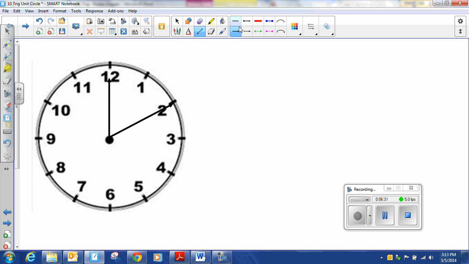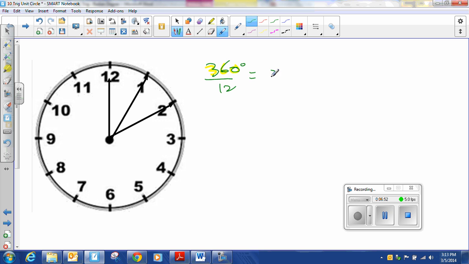And now you can also see that there are 12 of these sections. So let me just section this off again. There are 12 of these sections in a clock. And we know there's 360 degrees. So we take 360 divided by 12.